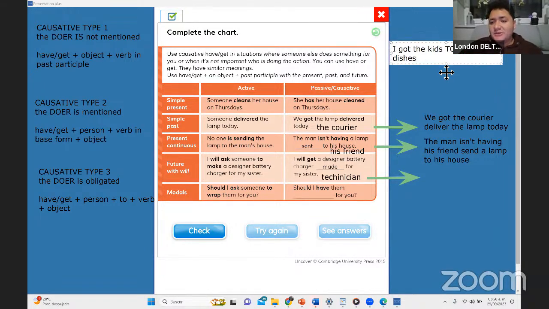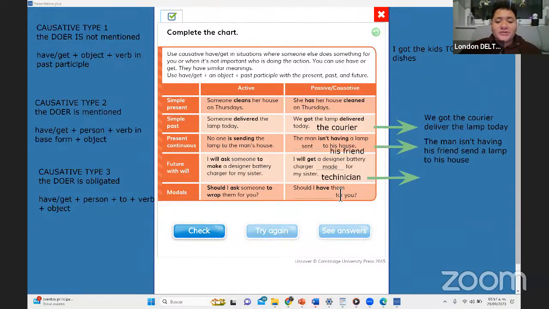So, I got the kids to wash the dishes. Si no quieres sonar como que se les obligó, simplemente dices, I got the kids wash the dishes. So we say to wash, vamos a agregarle la palabra to cuando hay como una obligación.